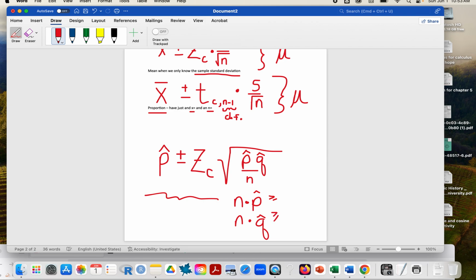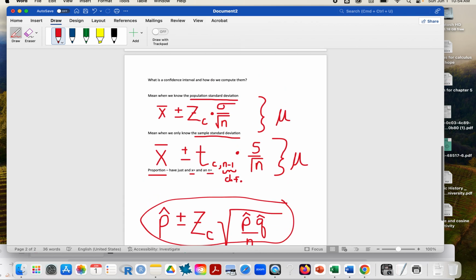Depending on the author, it depends on the value. I learned it as 5. I believe your author uses 10. And I've actually seen authors use 15 in the past, but we will go with n p hat and n q hat have to be larger than 10. And then it's okay to approach it with this confidence interval formula.